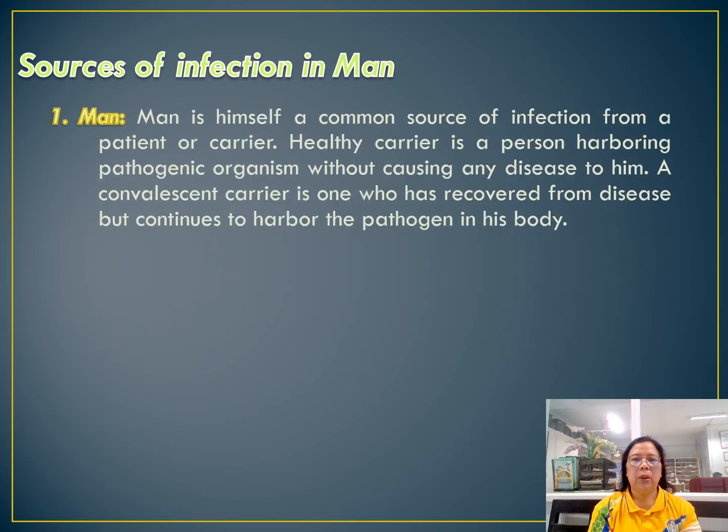Man is actually the most popular and the most common source of infection for a patient. So there are so many diseases that were actually taken by man from another man. The reason may be that the characteristics or the nature of a man as a host are the same, as compared with a dog or a pig to a man.